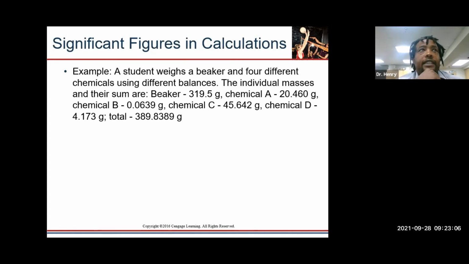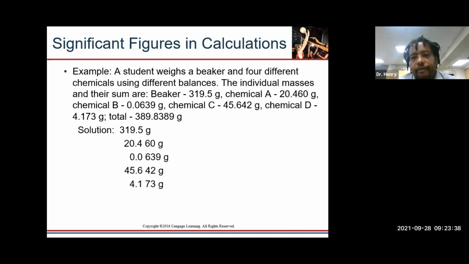The individual masses and their sums are: beaker, 319.5 grams; Chemical A, 20.460 grams; Chemical B, 0.0639 grams; Chemical C, 45.642 grams; Chemical D, 4.173 grams. And the total is 389.8393 grams. Okay, so let's put that down.